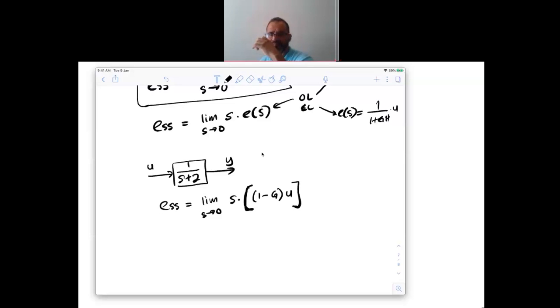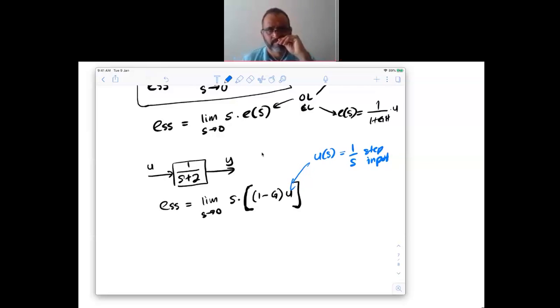If you don't give input, the system will never produce error when it's static. You need to apply some input, then the system will respond, and when it's responding you get the error of the system. Let's say I give a step input, so U(s) is equal to 1 over s.